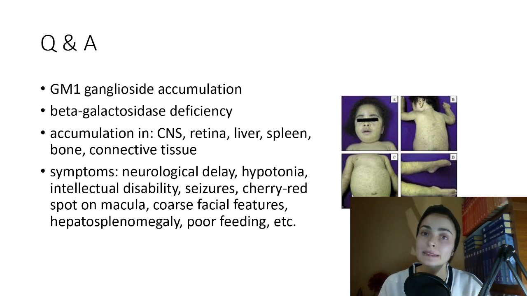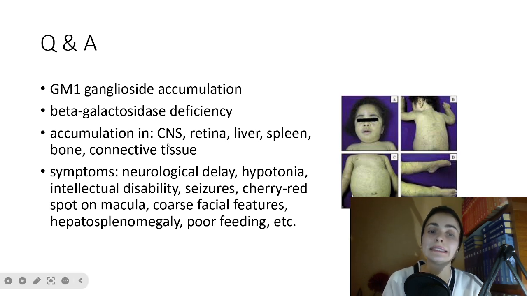So what happens in GM1 gangliosidosis? As the name tells you, GM1 ganglioside is accumulated because of the deficiency of an enzyme called beta-galactosidase. But where does it accumulate? It accumulates in CNS, retina, liver, spleen, bone, and connective tissue.